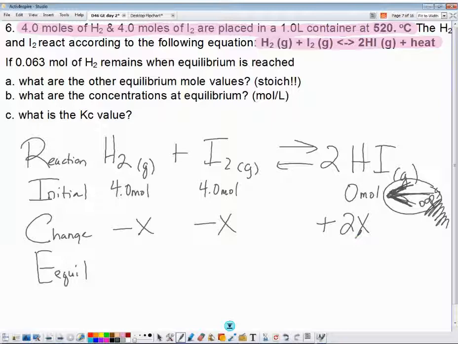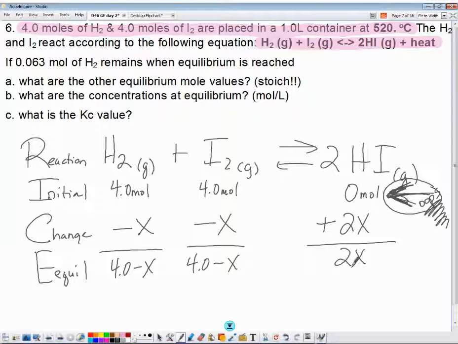All right, so at equilibrium, what I have is 4 moles minus X, 4 moles minus X, and 2X moles on the product side. Those are my exact equilibrium values. Not yet.